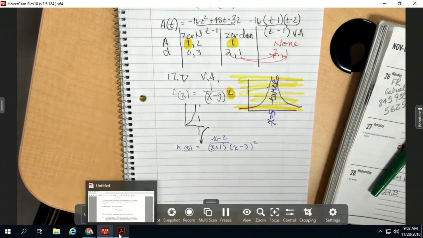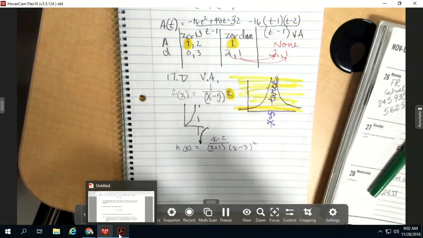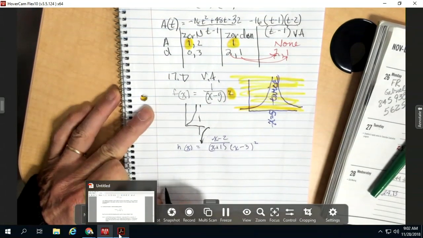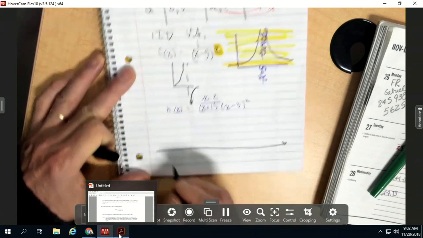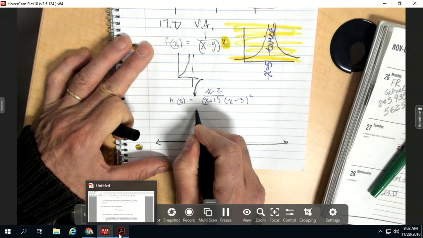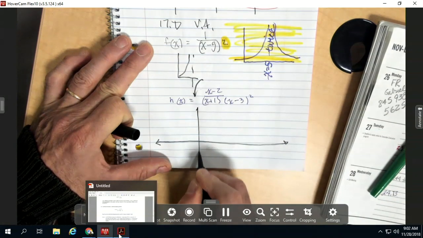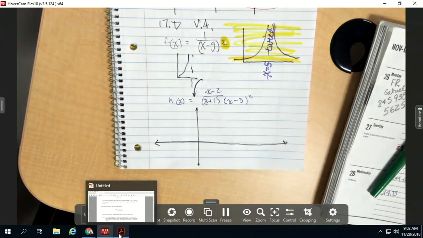Page 244 at the bottom, they give us a number line. Let's change that number line into a coordinate axis. So 0 on the number line is still going to be in the same spot. It's just we're going to read it in both directions because on the next page they ask us to sketch it anyway.